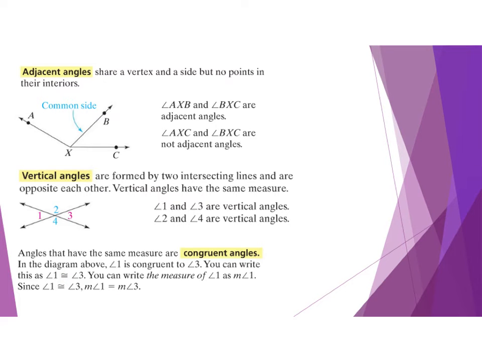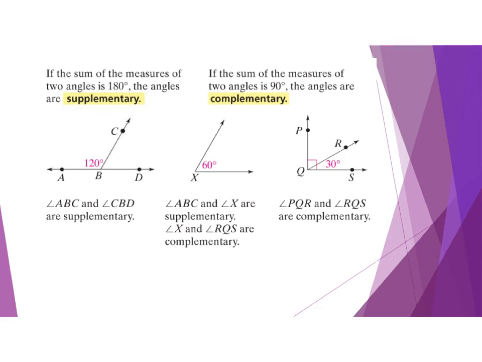And we write that as angle 1. If we want to be specific with the measurement, then we can put M, which means measurement. So we say the measurement of angle 1. We could say that angle 1 is congruent to angle 3, or we could say the measurement of angle 1 is equal to the measurement of angle 3.